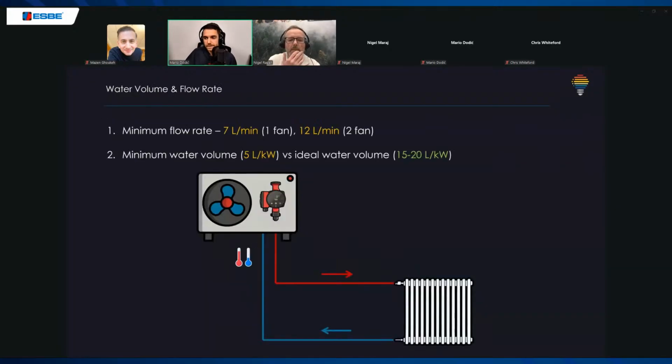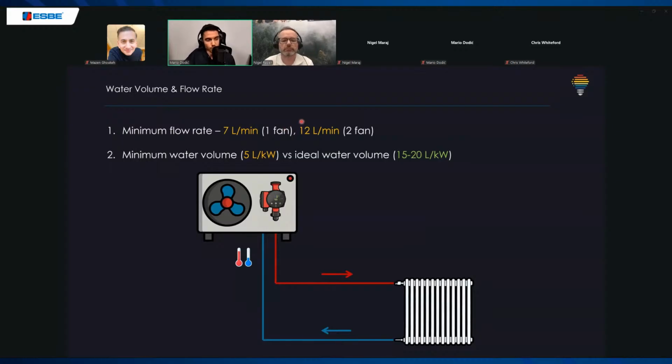And before Nigel start, I want to make this topic also water volume and water flow rate. So these are the two most important things when we are dealing with heat pumps. We have, generally speaking, depending on manufacturer, so please check with your manufacturer, but depending on manufacturers, you will have minimum flow rate around 7 liters per minute for one fan unit, so up to 9 kilowatt, let's say.